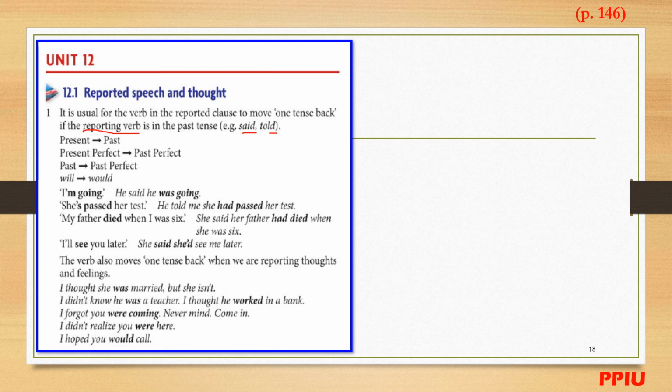Change to past perfect. If they use past simple, it must change to past perfect when we use reported speech. Will changes to would. For example, I'm going becomes he said he was going. So be going changes to was going. Here, she's passed her test, meaning she has passed, changes to she had passed her test, past perfect.